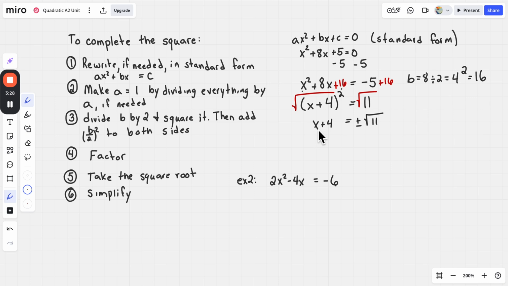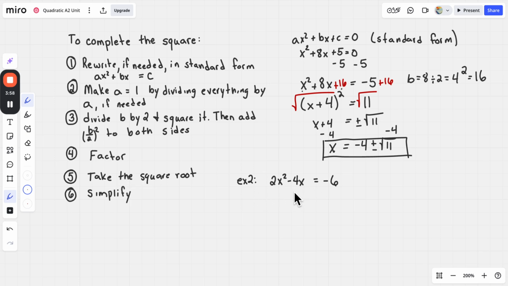We still have to get the x completely by itself, so we subtract 4 from both sides. That gives us that x is equal to negative 4, keeping the whole number first, plus or minus the square root of 11, which is an irrational number and cannot be written any simpler. So this is our solution, and it shows how to go through all of the steps.